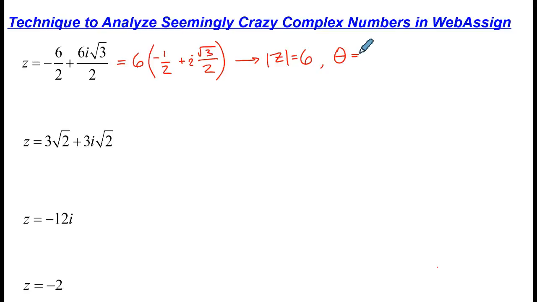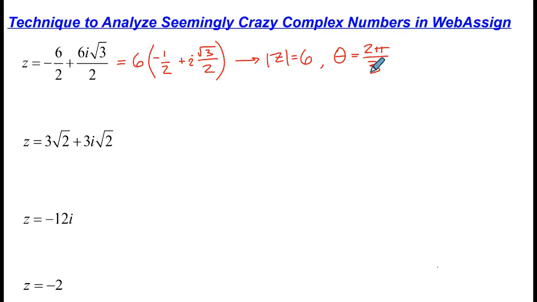Well, I need to think about my unit circle values. I have a real component of -1/2 and an imaginary component of √3/2. If we're thinking about the xy plane, that's analogous to an x coordinate of -1/2 and a y coordinate of positive √3/2. That sounds an awful lot like the angle 2π/3.